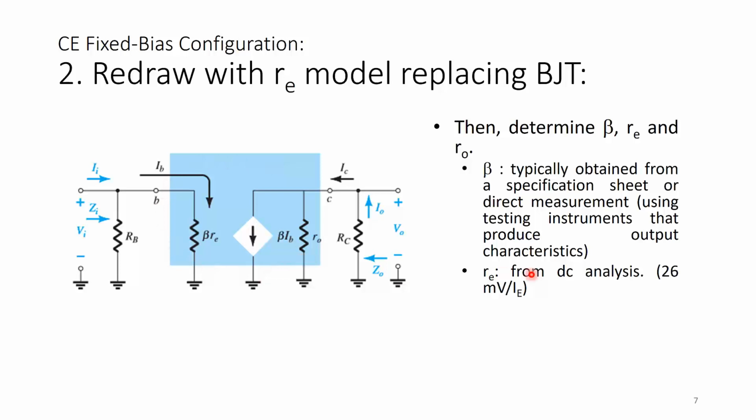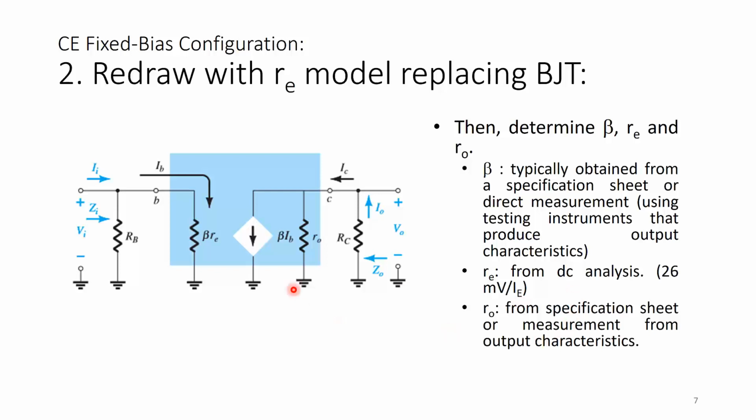But this IE must come from the DC analysis. And R out here comes from the specification sheet, or from the measurement of output characteristics. We covered this in the earlier slides on early voltage, or you can calculate the gradient of the IC versus VCE curve where common emitter is concerned.